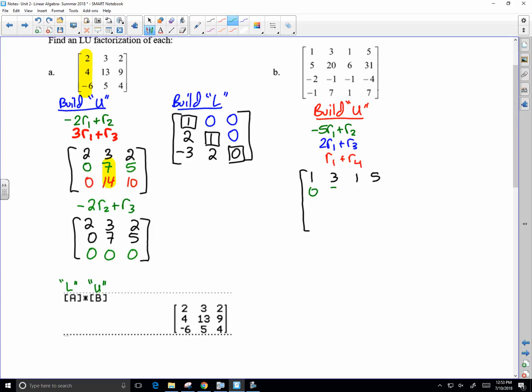So 5, 1, 6. 0 would be 5. That would be 1 and 6 again.